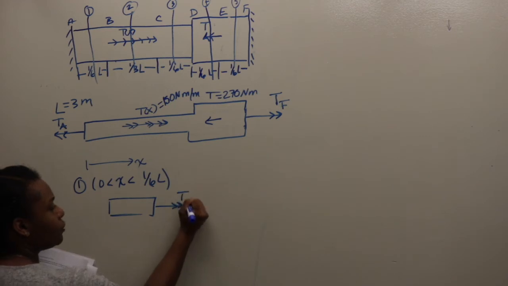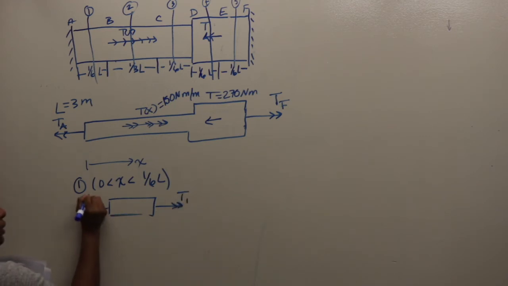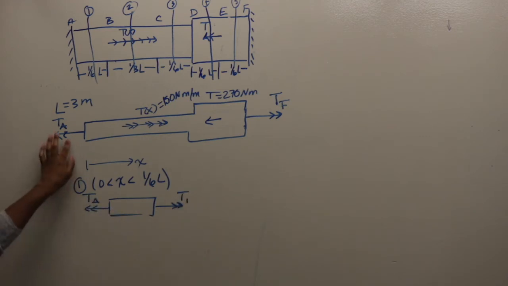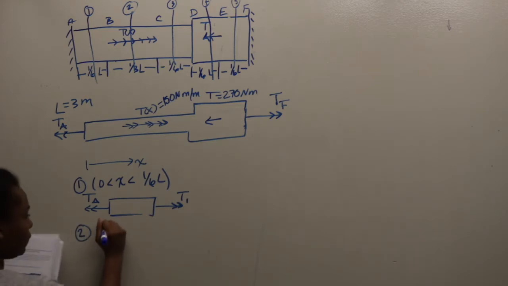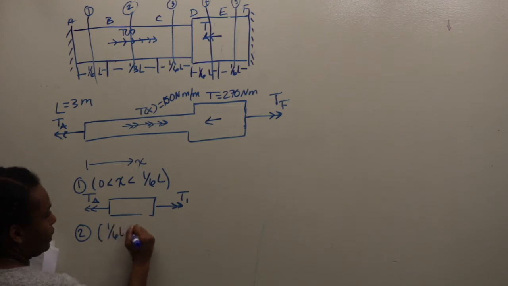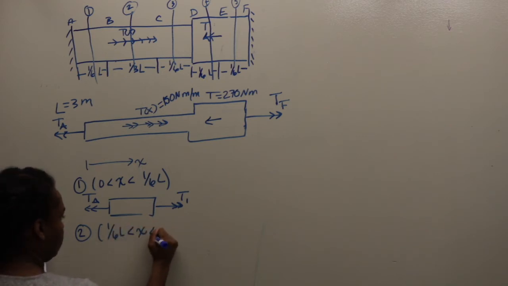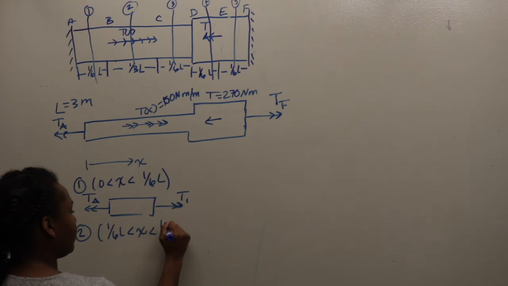And then you have the internal torque 1 and your reactive torque at A. For cut 2, it's between 1/6 L and 1/2 L.